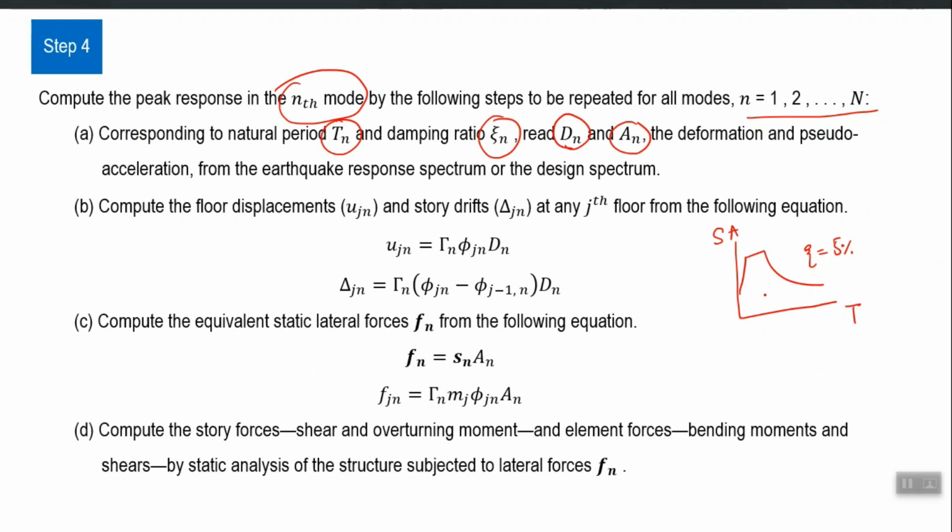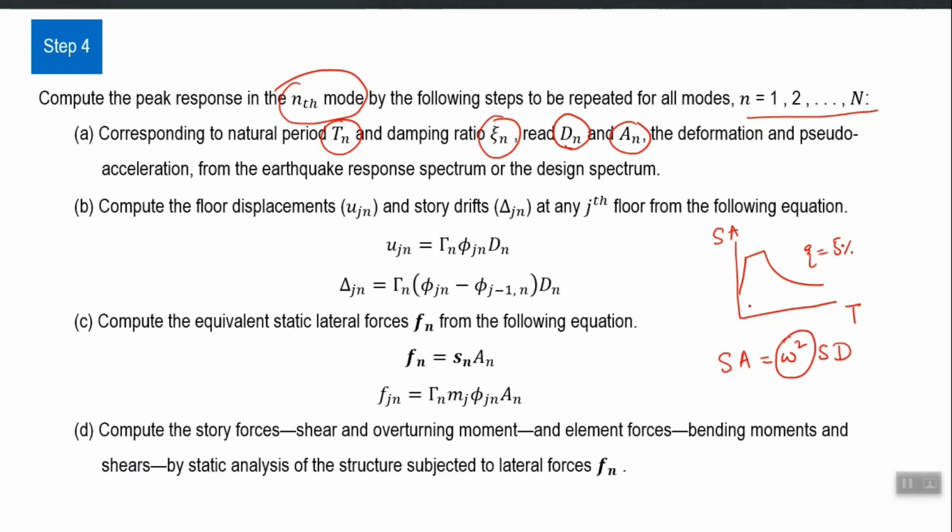So let's say that, obviously once you have the spectral acceleration response spectrum, you can convert it into spectral displacement also, because you know that spectral acceleration is omega square times spectral displacement, right. So SA and SD are convertible if you have the omega known, right.